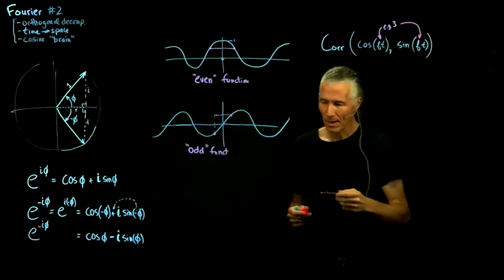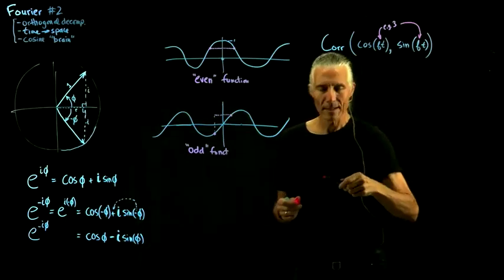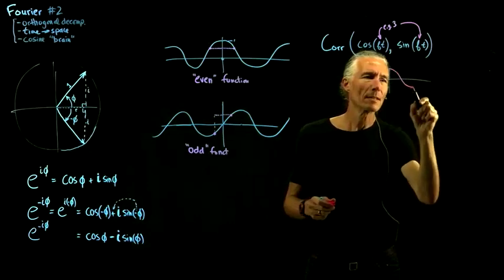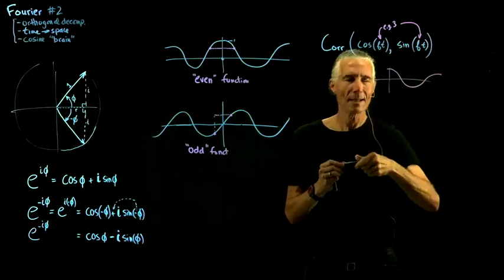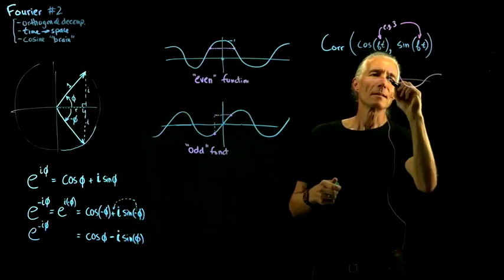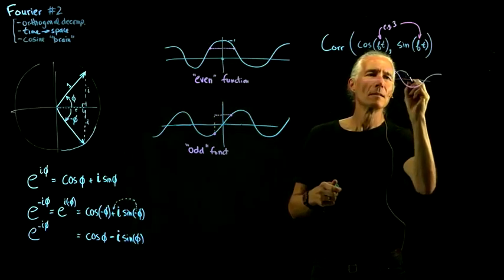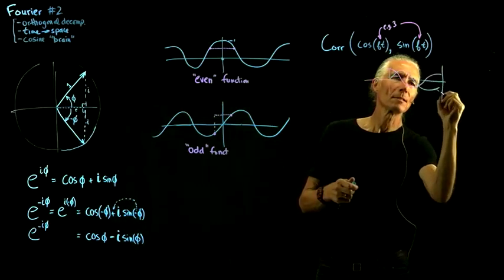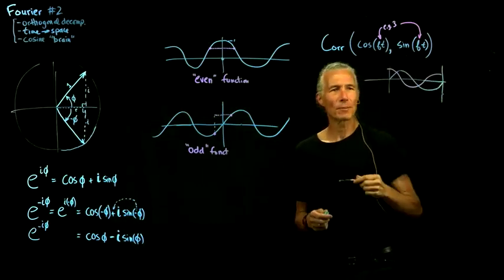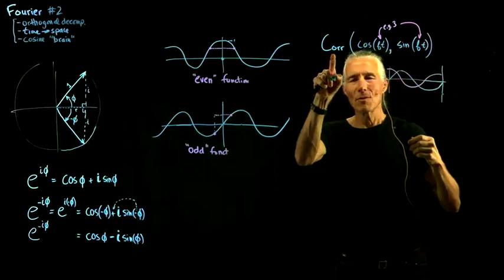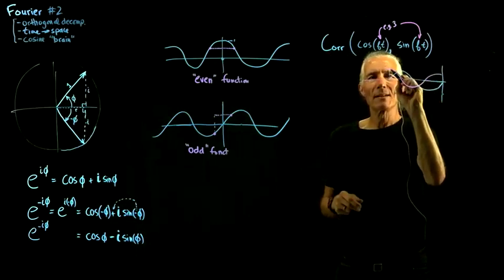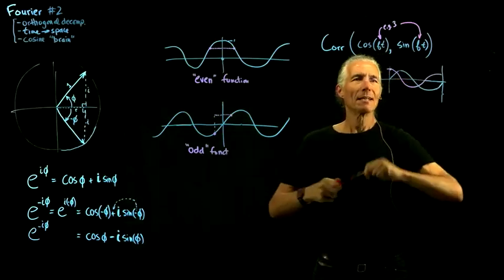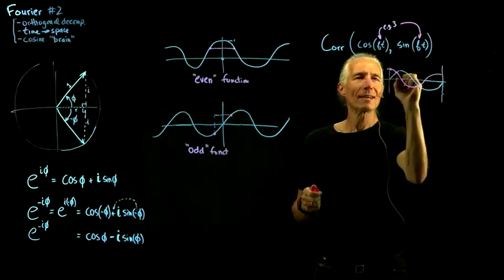So that's what I was saying last time, that if you imagine you've got a cosine here and a sine like this, just going over 360 degrees. What does correlation mean? Think of the cosine as just a long vector.